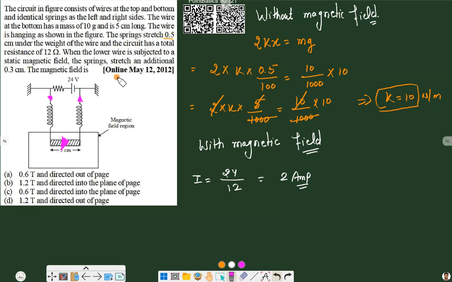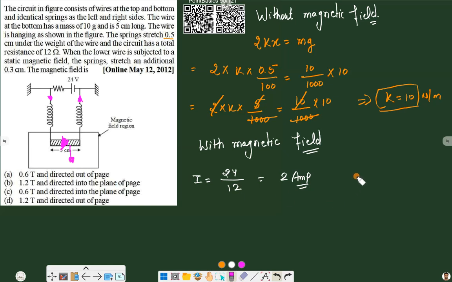we don't know, but it is mentioned that when we apply a magnetic field, the spring gets additionally stretched by 0.3 centimeter. So if the springs are stretching additionally, it means the magnetic force, the force due to the magnetic field, should be downward.